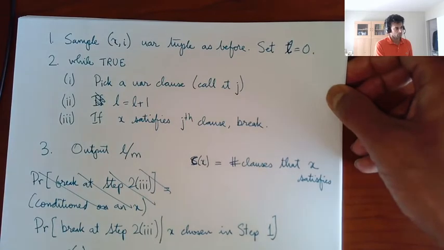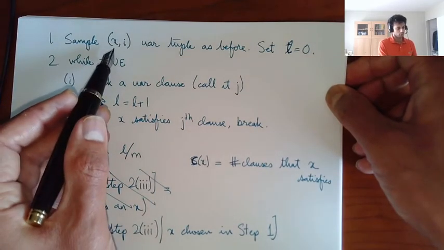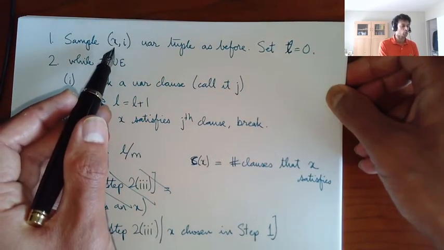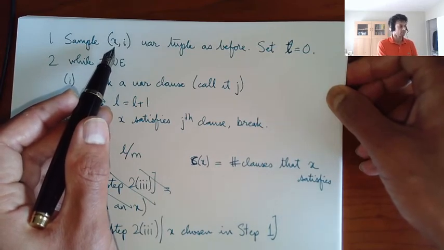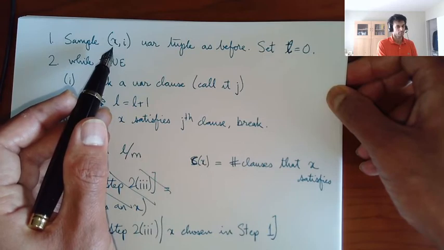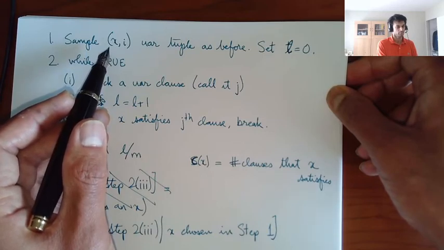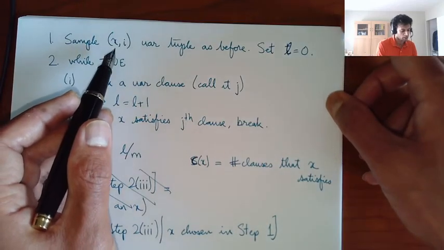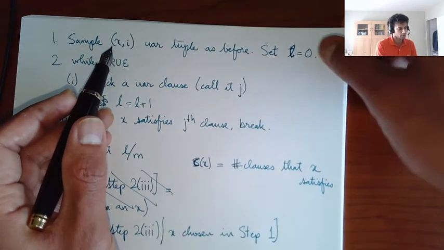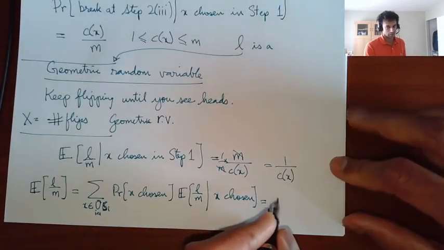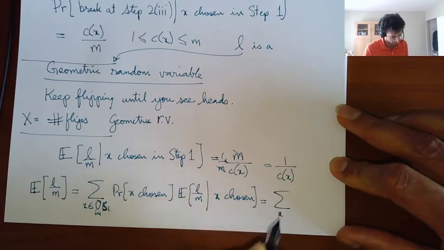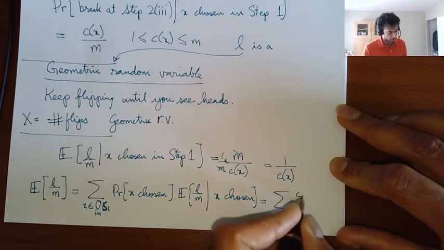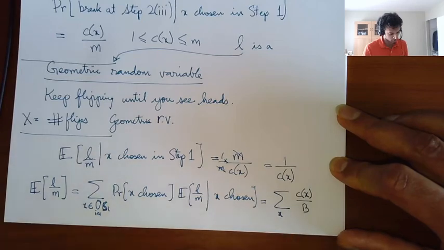What is the probability that I'm going to sample a tuple that contains x? Cx over b. Summation over all x in the union, Cx over b, right?